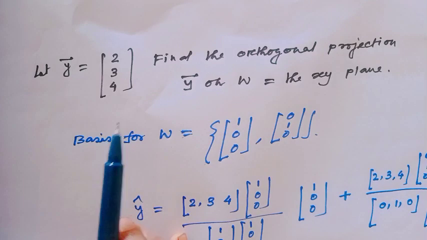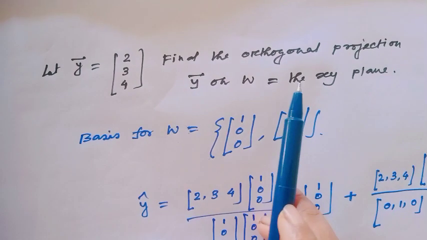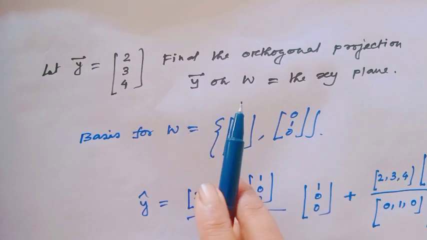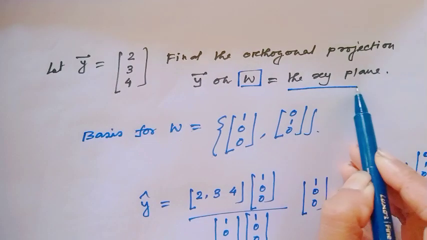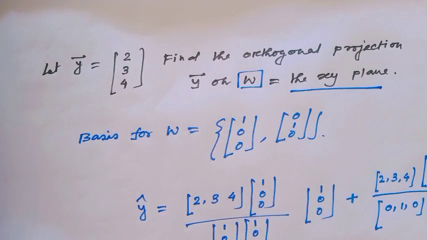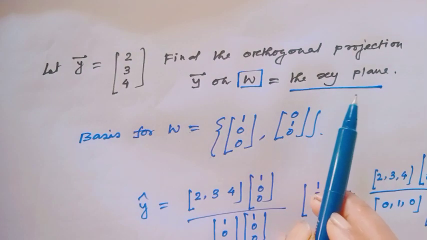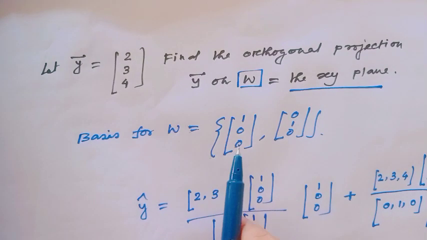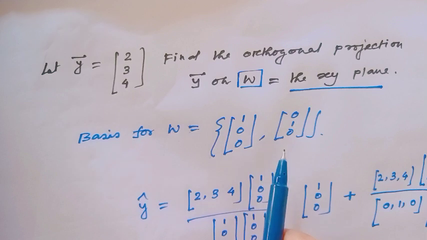For example, consider the vector 2, 3, 4. Now let's find the orthogonal projection of the vector y on the subspace W, where W is the xy plane. Since W is the xy plane, obviously the basis of W is the set of vectors 1, 0, 0 and 0, 1, 0.